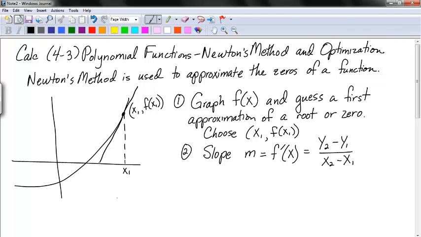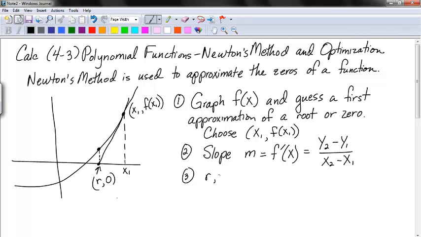Okay? When you figure the slope of the tangent line, it's going to cross the x-axis in another point, and it's going to then go back up to the curve. Okay? So then on this one, the point where it crosses, okay, this point, we're going to label that R0. Okay? The y value would be 0. Okay?